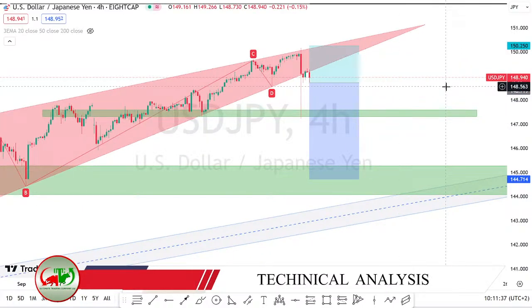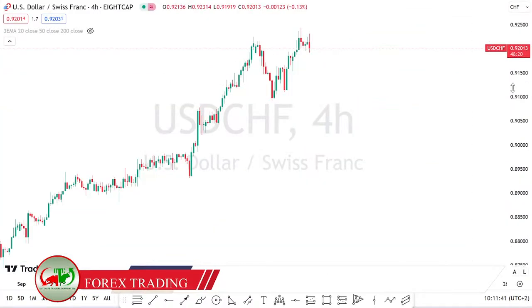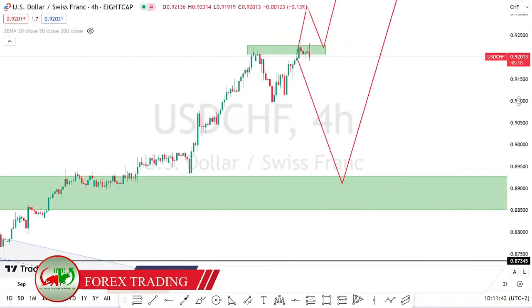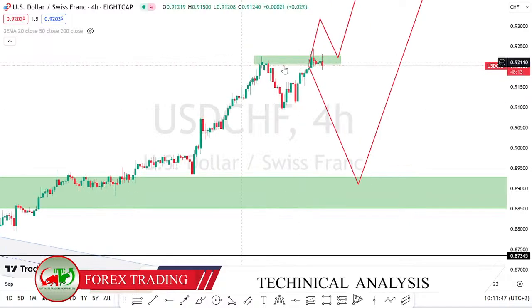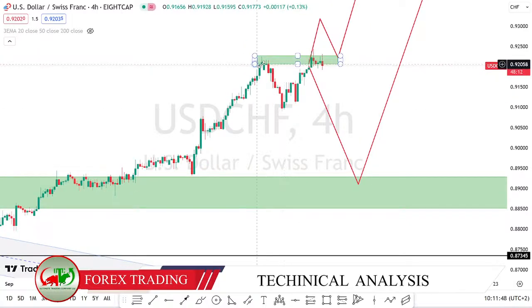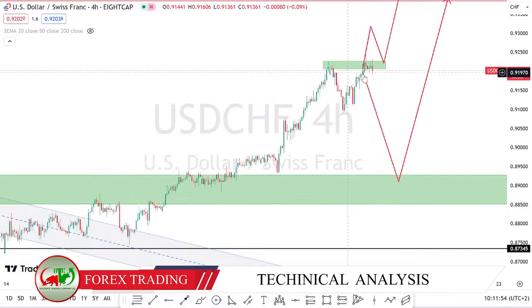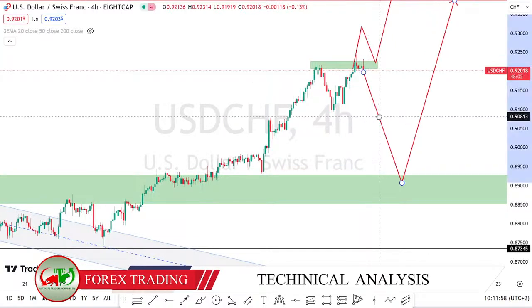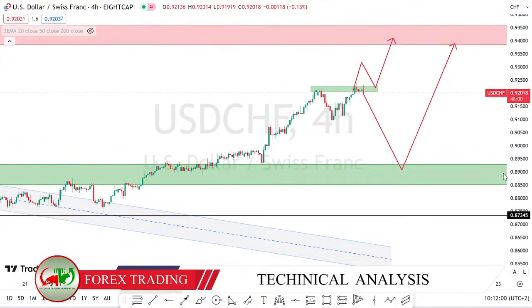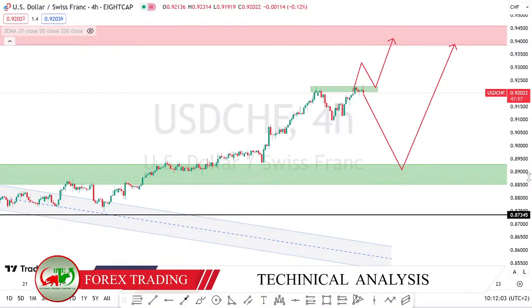USD/CHF is also one of the markets where we said we are looking for sell opportunities, and if you clearly see, it is already making a double top over here. Honestly, we told you we are not buying USD/CHF at this resistance, because it is very, very extended. We are waiting for a pullback at this support around 0.989 before it pushes up in this direction.